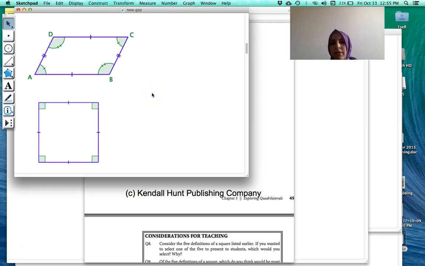Also, a square is a rectangle because it has two sets of parallel sides and four right angles. A square is also a parallelogram because its opposite sides are parallel. So a square can be classified in any of these three ways, with parallelogram being the least specific description and square the most descriptive.